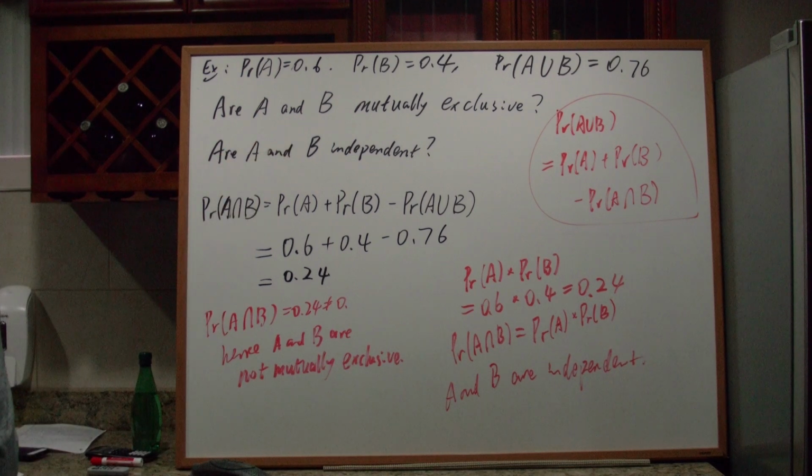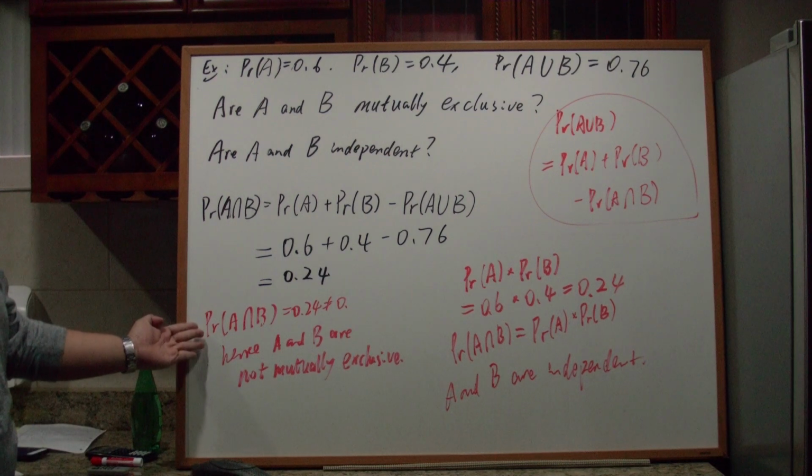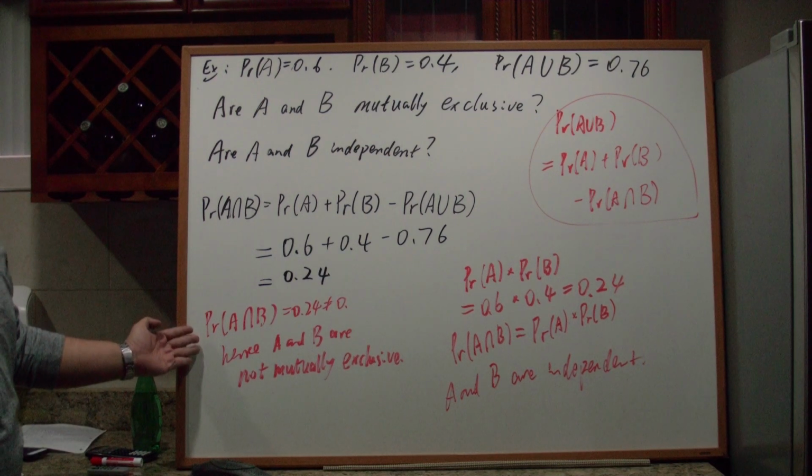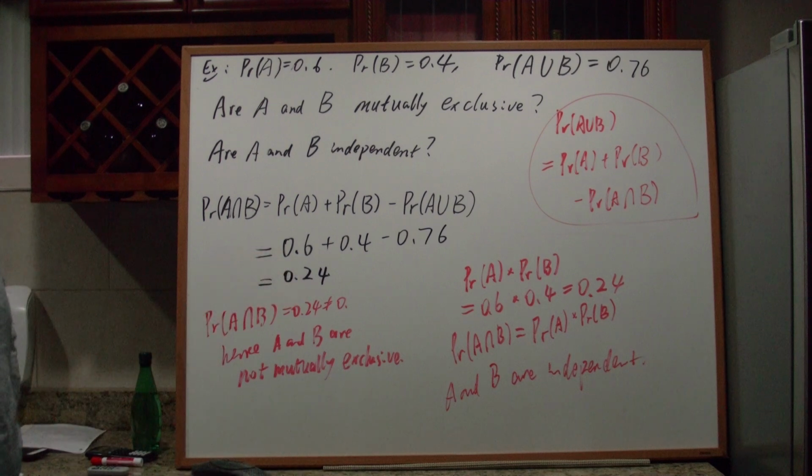Even the addition rule could be transformed into other cases, like here, where we can find the intersection given the information. From that, we can check if the events are disjoint. Also, we can check if the events are independent. That's the majority part of probability.